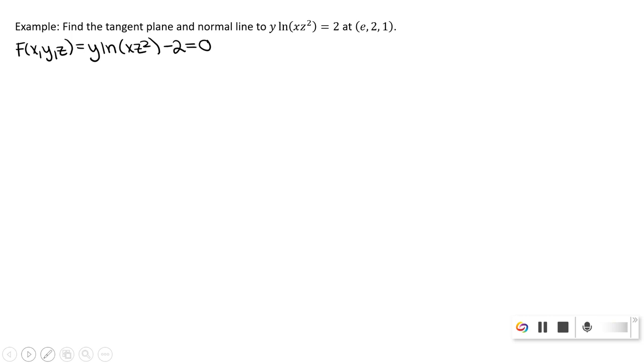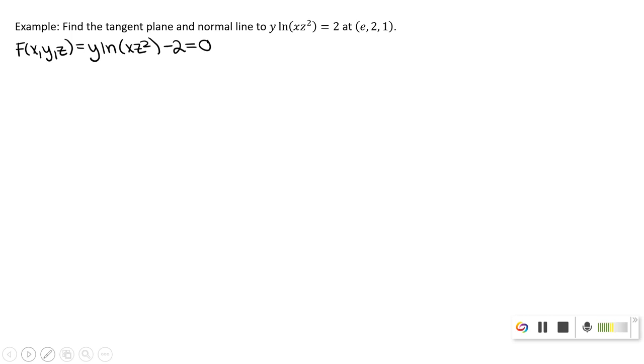And then I did decide to subtract the 2 to set it equal to 0, just to be consistent with how I wrote my other surface. Although honestly, it kind of doesn't matter because this function of 3 variables is equal to a constant. Because the 2 is a constant, it's not going to actually impact those derivatives. And so you could just say your function of 3 variables is equal to 2.